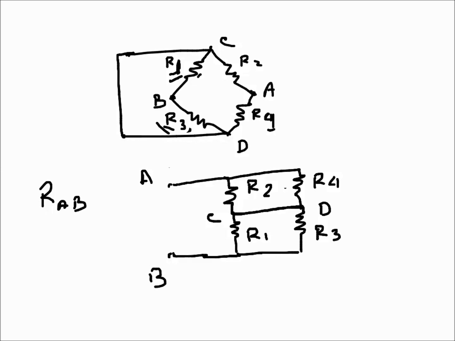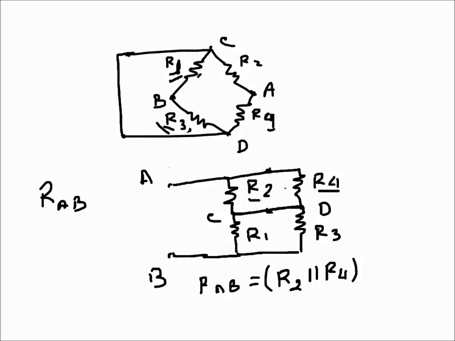So what we have now is RAB will be resistance R2 in parallel with R4, because one end of both resistances is connected at the same point, and the other end is also connected at the same point.